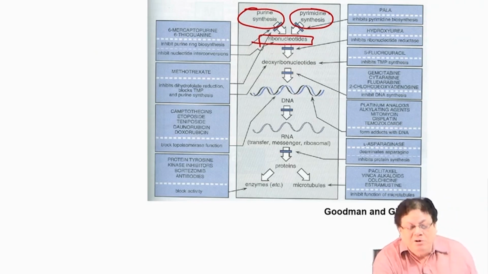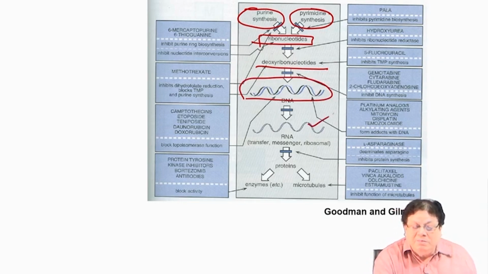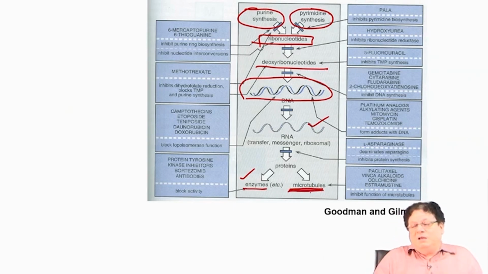The deoxyribonucleotides basically form the double stranded DNA, and from the DNA you get the messenger RNA, and finally the messenger RNA gives the proteins which are enzymes, and also produce other proteins called microtubules, which are extremely necessary to segregate the cell into daughter cells, that mitotic process.